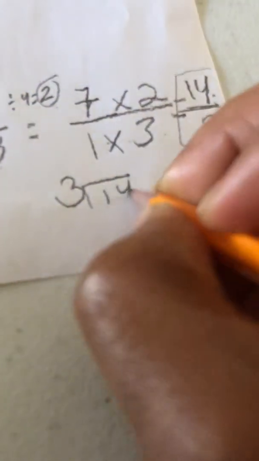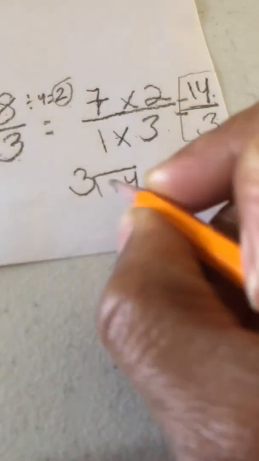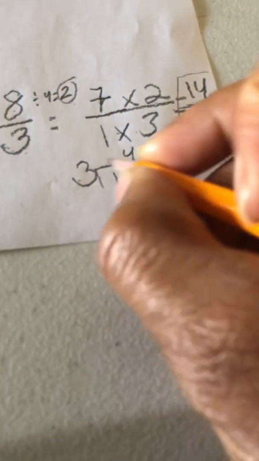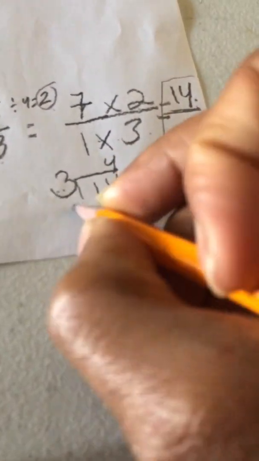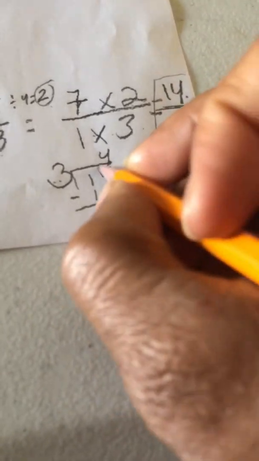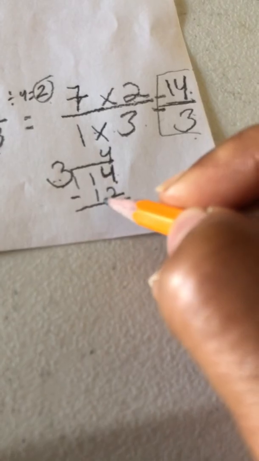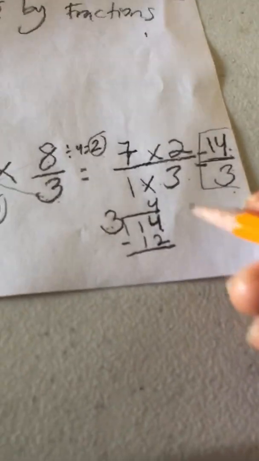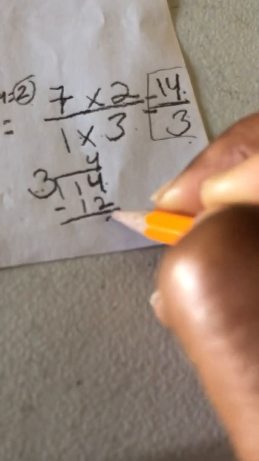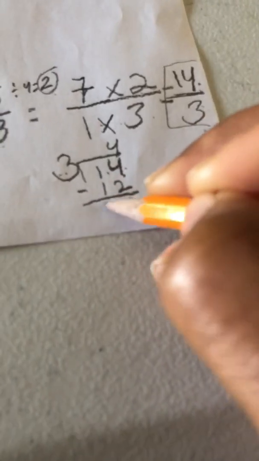So we do 14 divided by 3. 3 goes into 14 4 times, because 4 times 3 is 12. 12 is the closest number to 14 that's not bigger than 14. So we do 14 take away 12, right? So we do 4 take away 2 is 2. 1 take away 1 is 0.